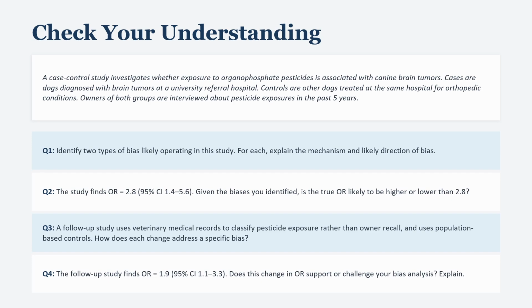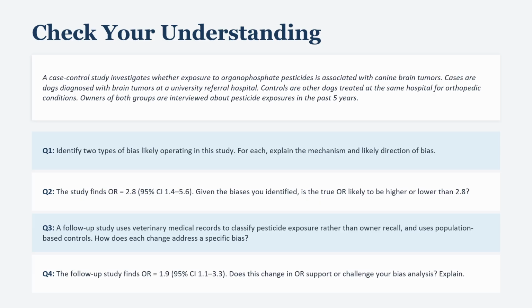Berkson's bias, selection bias. Both cases and controls are recruited from a referral hospital, not from the general dog-owning population. Referral hospital patients are systematically different from the general population. They tend to come from households with higher income, higher health awareness, and potentially different exposure profiles.